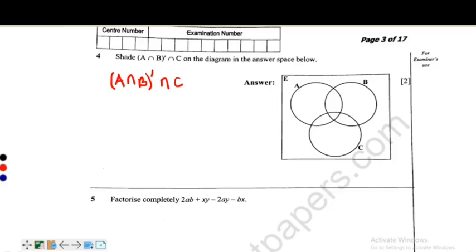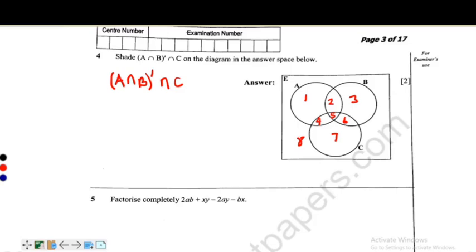Okay, so in this case, let us put numbers in these sets. So here we put a 1, a 2, a 3. Here we put a 4, a 5 right here, a 6, a 7, and 8.